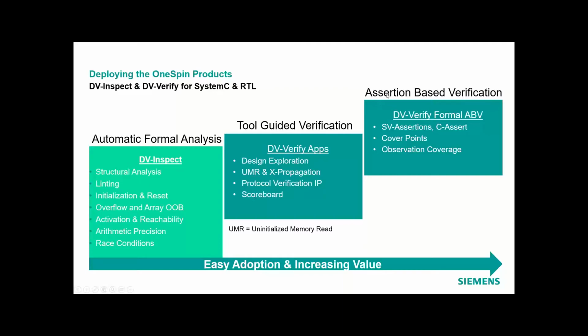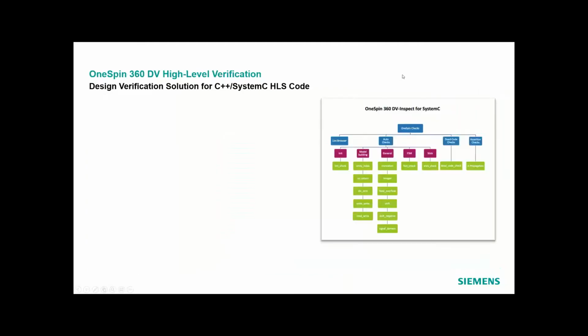Finally, as I said, we have DVClub with formal ABV, so the user can additionally write manually written assertions like SystemVerilog assertions, and we also support C-assert, and also cover points, observation coverage, and the user can write any type of constraints and assumes. So this is the portfolio for SystemC solutions that is supported internally.